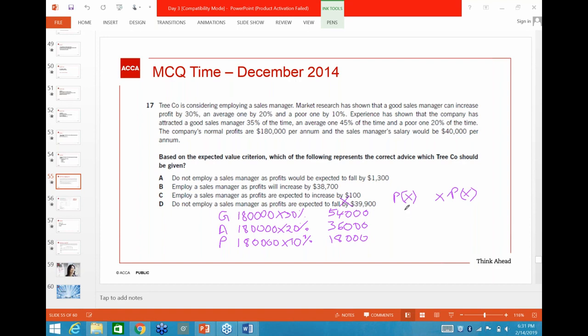So probability of you getting a good sales manager, 35%. Average one is 45%, 20%. 3, 6 there. 18,900 there. 16,200 there. 18,900 plus 38,700.